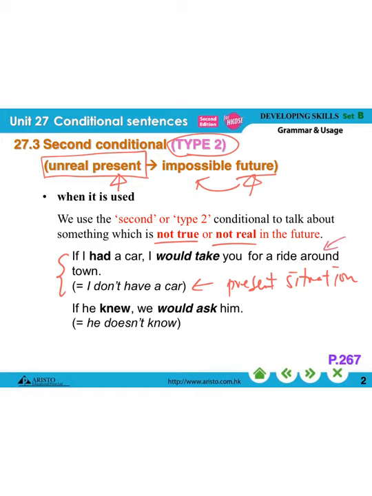If I had a car, I would take you for a ride around. However, the real situation is that I don't have a car. So what about the second example sentence here? First of all, he doesn't know something. And that's why if he knew, we would ask him.